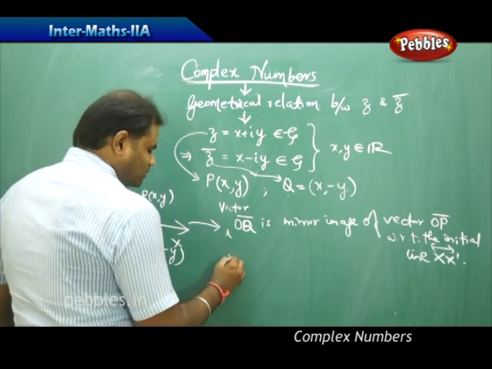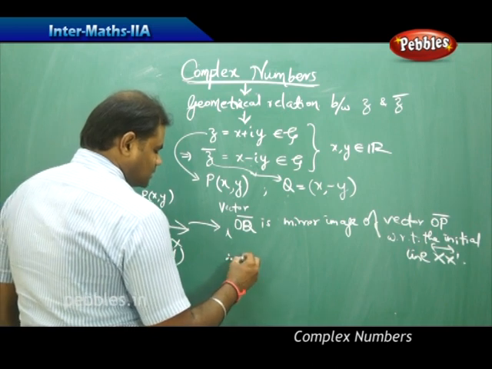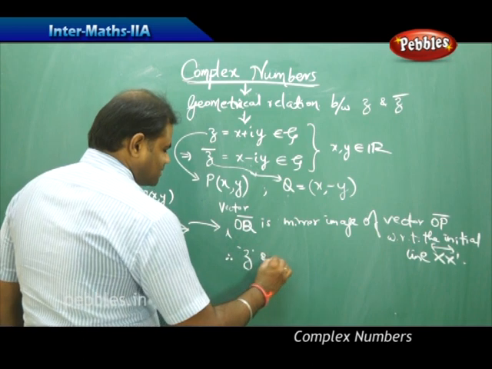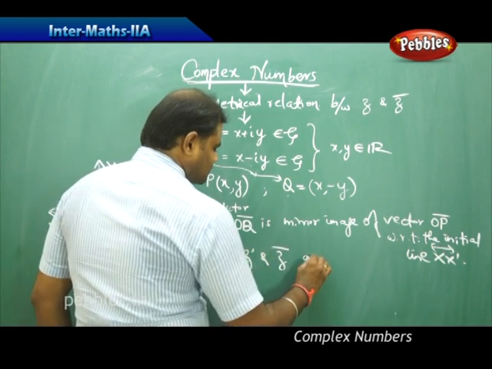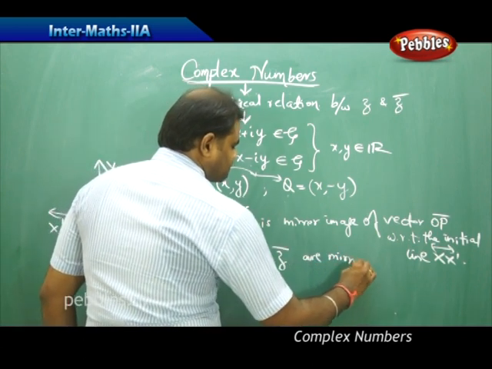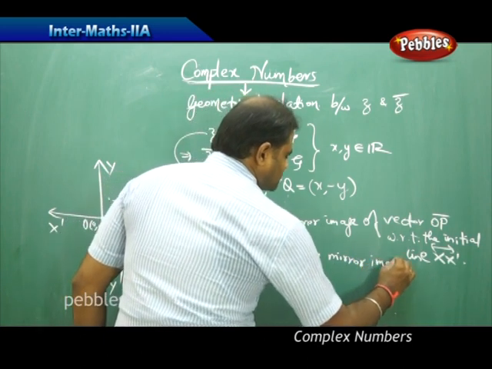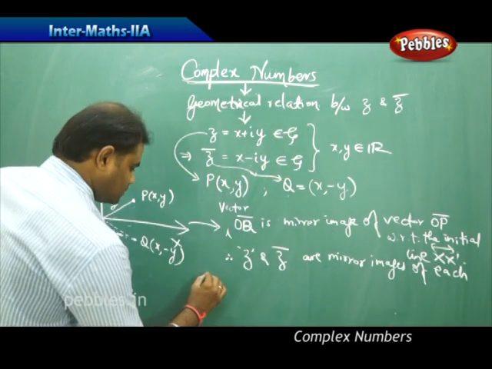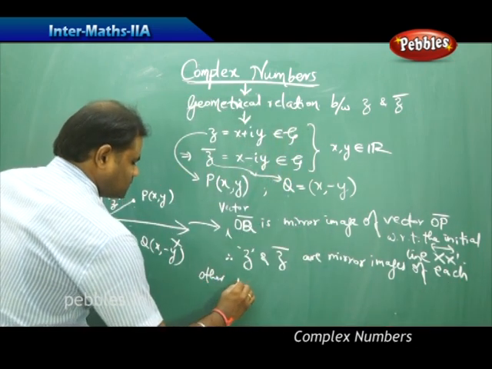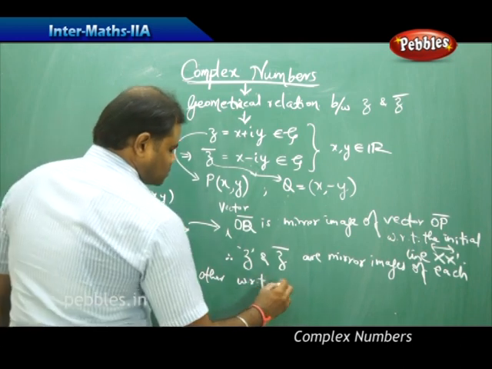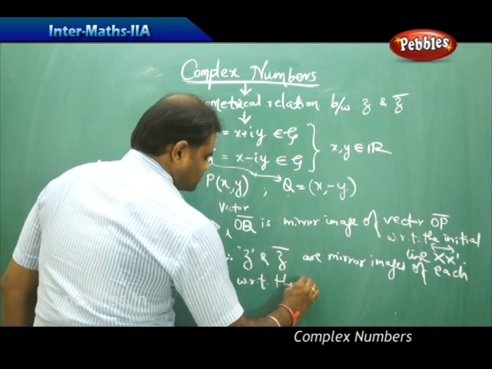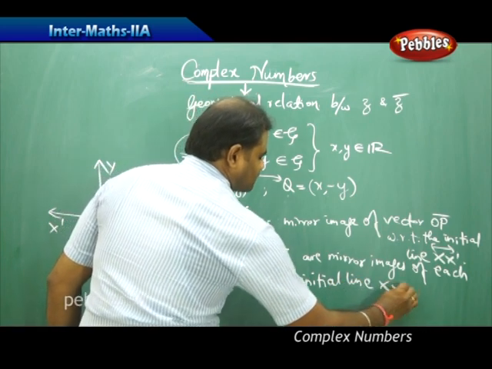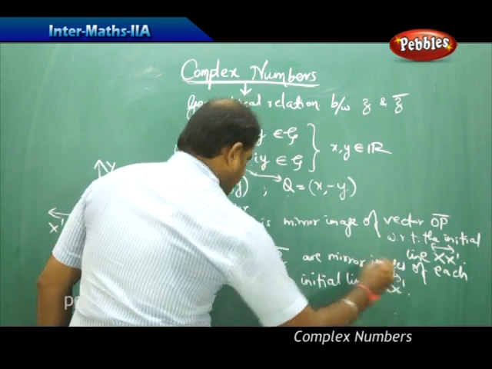Therefore, I conclude that z and z bar are mirror images of each other with respect to the initial line x dash.